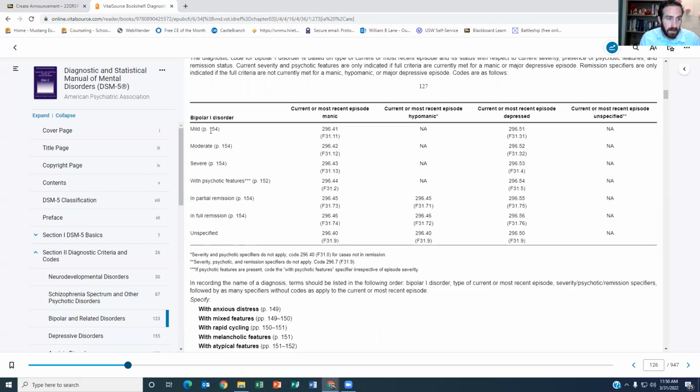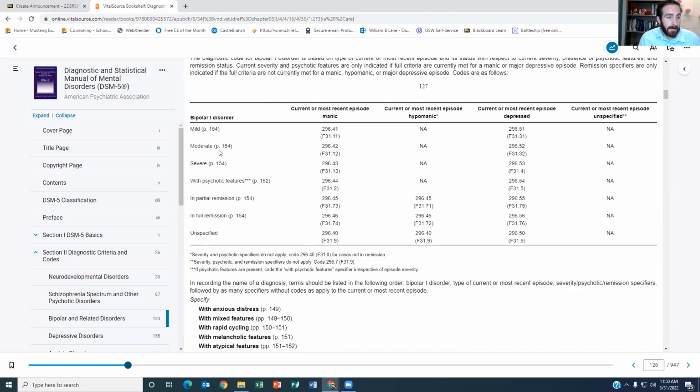So also here you'll see page numbers, and what you'll need to do is visit those page numbers to see if it fits that specifier.